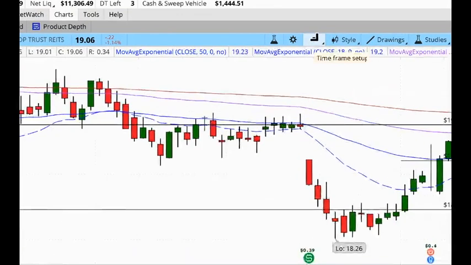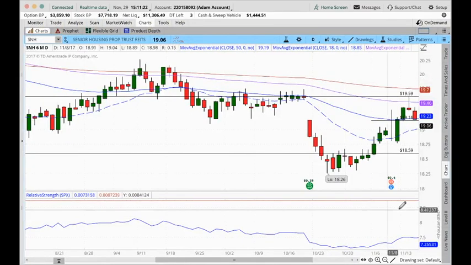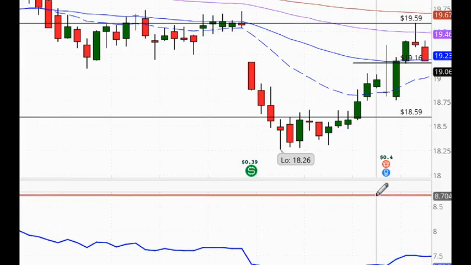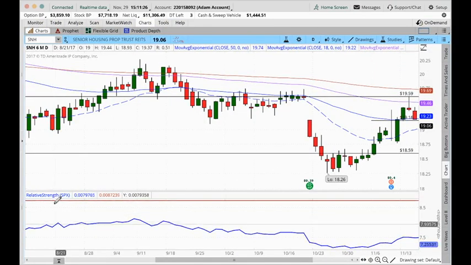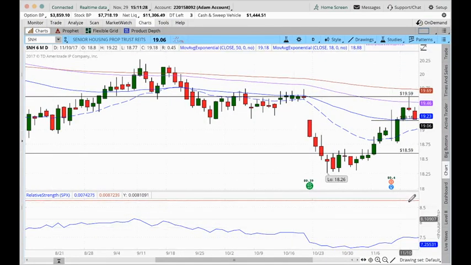And again, select 6 months time frame, and there you go. So you can see the red line is here, right? The red line is here, and the blue line, which is the relative strength, is below the red line. So that tells you that this stock is performing worse than the S&P 500. So that's what we're looking for, all right?